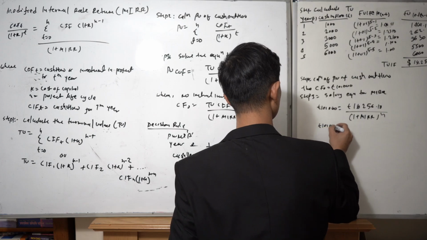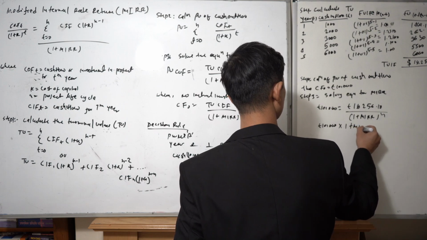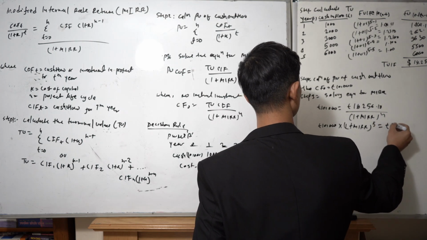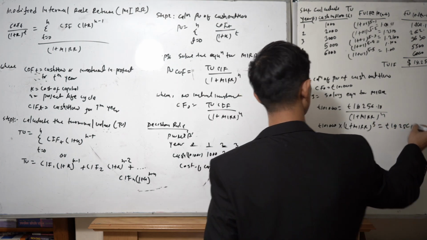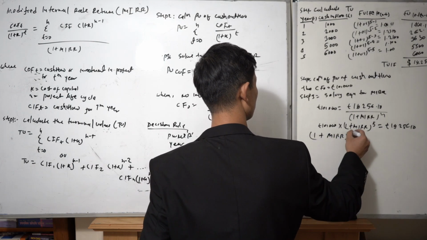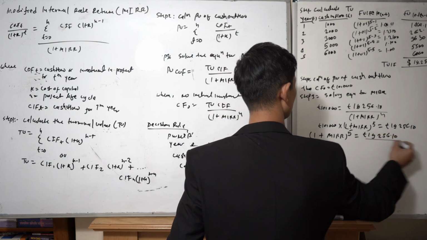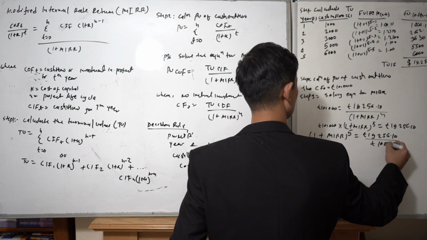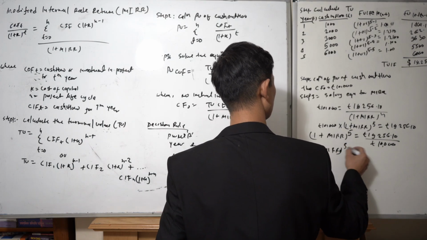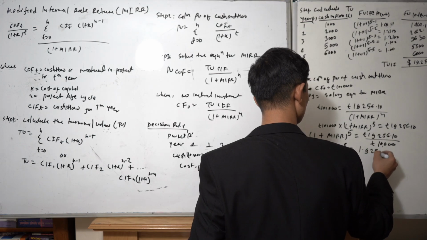We get 10,000 multiplied by 1 plus MIRR power 5, the number of years, is equal to 19,256. So 1 plus MIRR power 5 is equal to 19,256 divided by 10,000, which gives 1.9256.